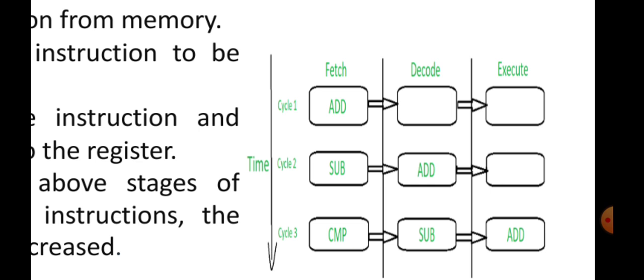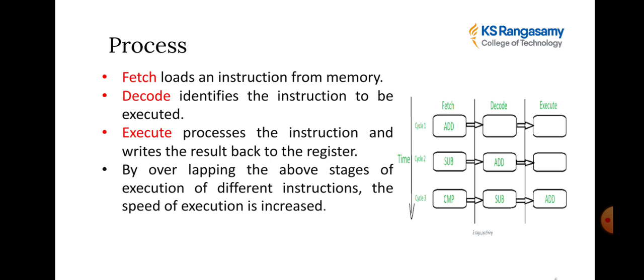In the third cycle, the first instruction is executed, the second instruction is decoded, and the third instruction is fetched. So these are the 3 cycles. Fetching, decoding and executing are all done simultaneously, so that we can improve the speed of the process.